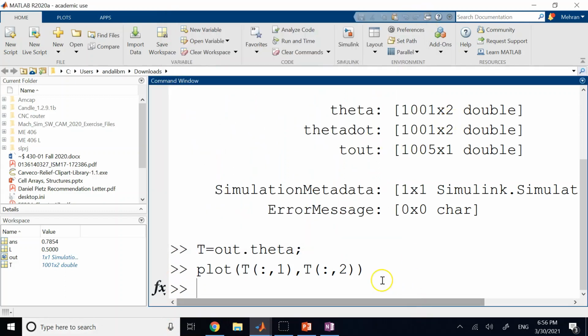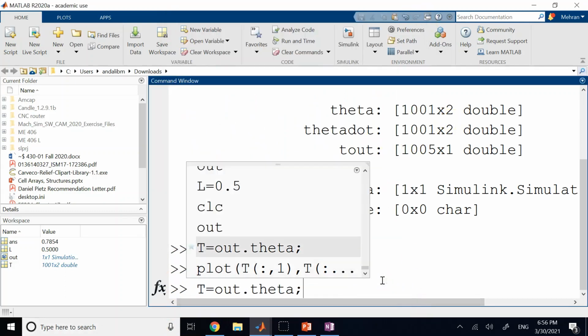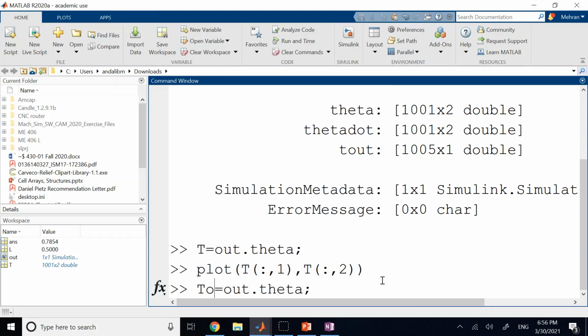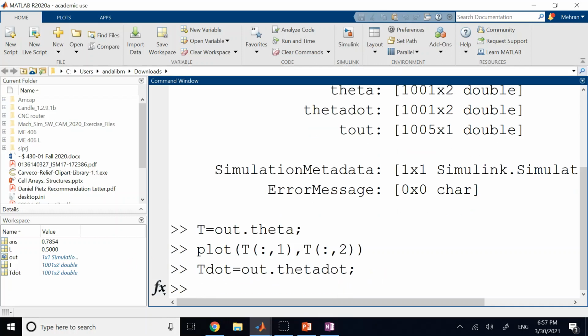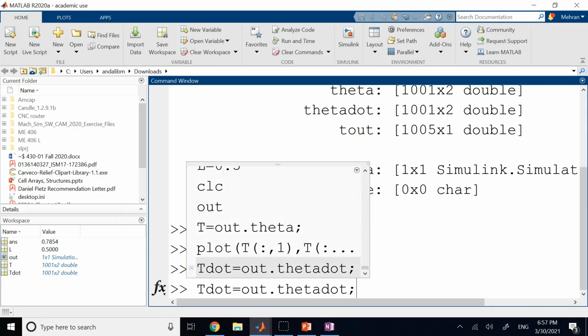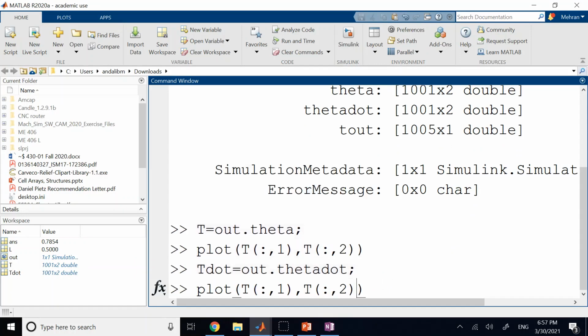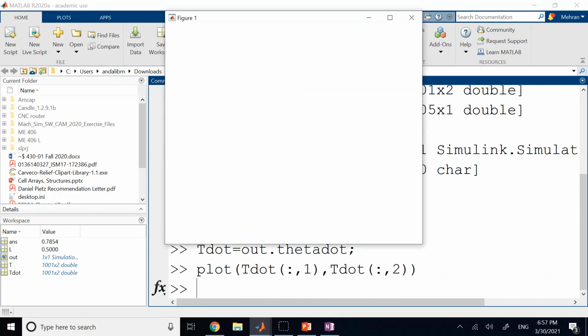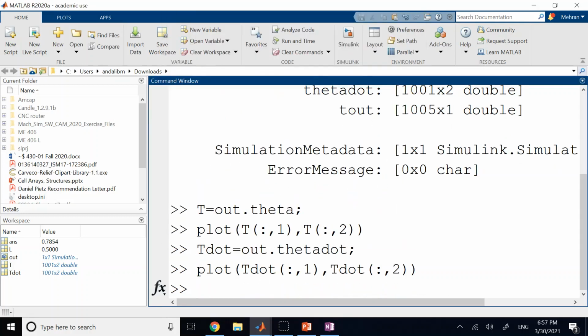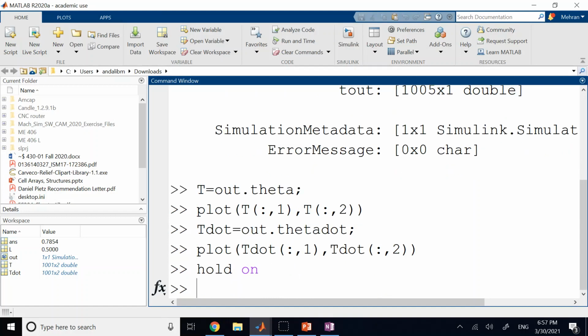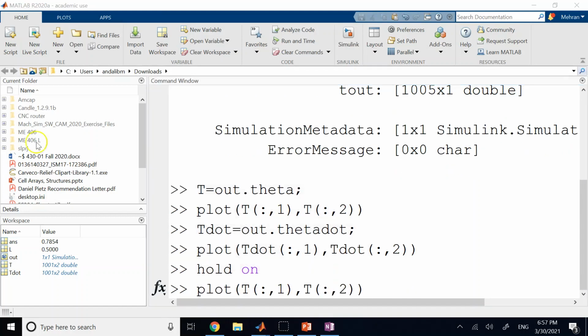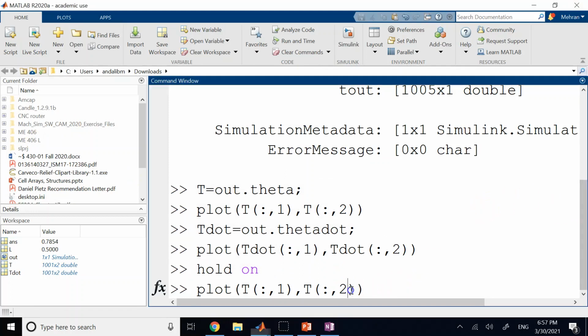Or if I want the theta dots, then I can say, for example, T out, or whatever you want to call it, T dot is this guy. Out, the field called theta dot. And now I can plot that as well, right? Right, so this is theta dot, and if I want, then I can say hold on. And then on the top of that, I can plot T, but using a different color. Let's see here.